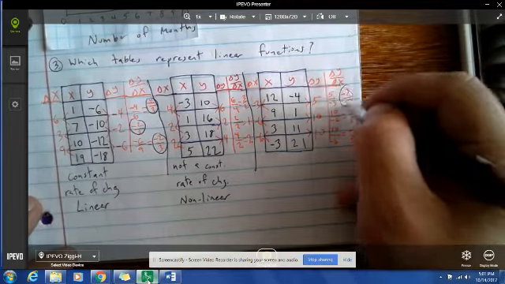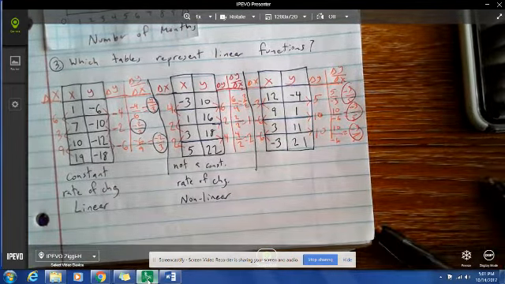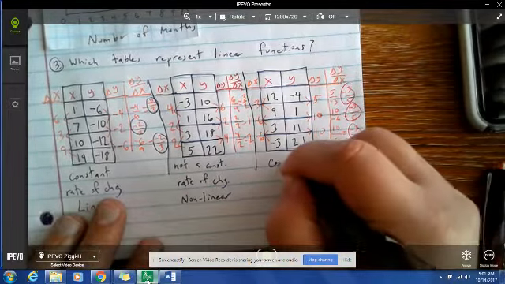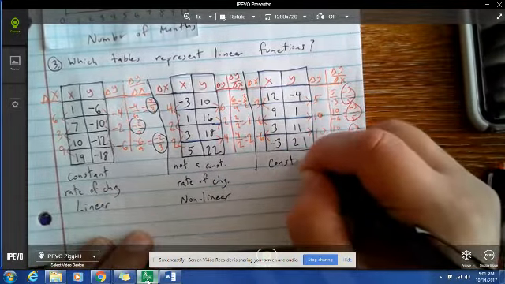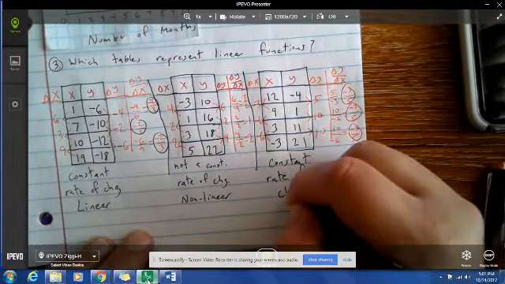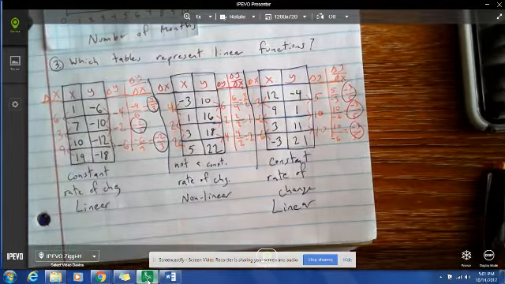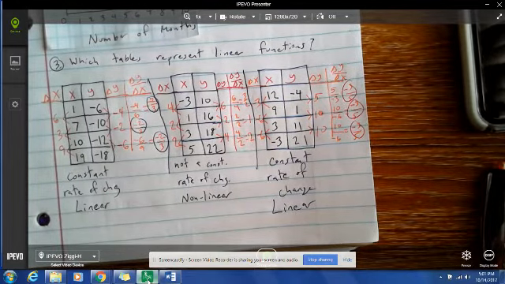So negative 5/3, negative 5/3, negative 5/3. Constant rates of change. Therefore, it is linear. So linear, nonlinear, linear. Thanks.